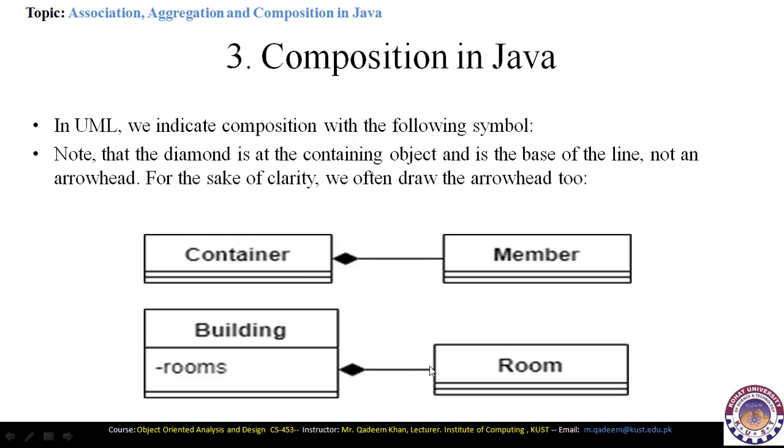The standard form is the filled diamond with a straight association line between the container class and the member class. For example, a building contains rooms. We can say that a building has rooms, but the rooms cannot survive without the building. If there is no building, there will be no rooms.